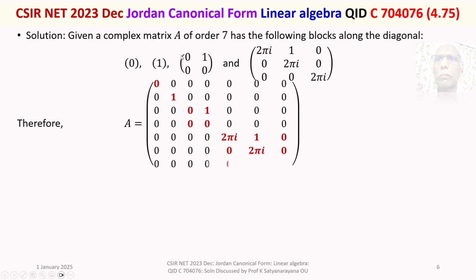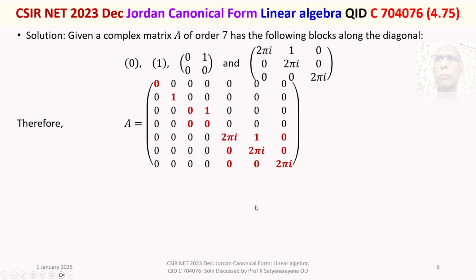Along the diagonal: 0, that is block size 1; 1, block size 1; block size 2, 0, 1, 0, 0; and block size 3, that is 2 pi i, 1, 0, 0, 2 pi i, 0, 0, 0, 2 pi i, and zeros elsewhere.